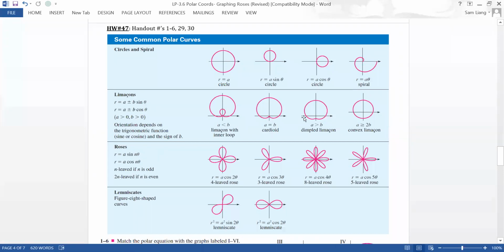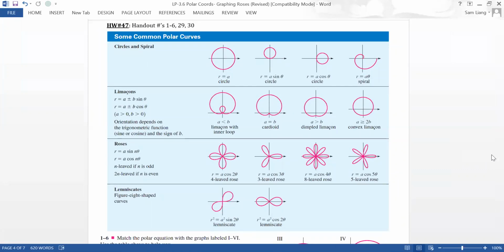That's what we talked about yesterday. And then today we talked about roses. Lemniscates, we're not really going to look at that in detail. But that's another type of polar graph that occurs. Just want to give this a shout out. It's on the homework assignment.